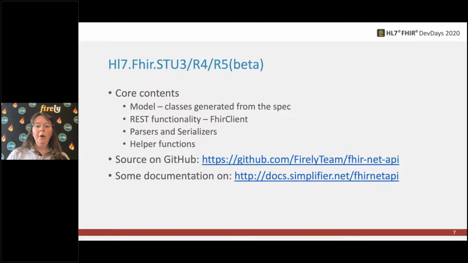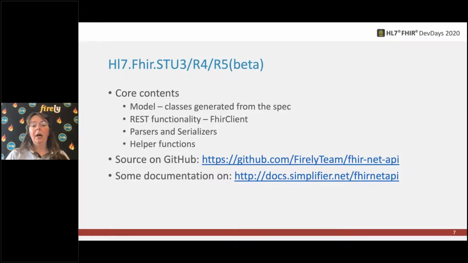The FHIR library offers you the model. So the complete specification has classes that are generated from that specification in the model of that FHIR library. Also, of course, we do have REST functionality in the FHIR client. There is parser and serializer functionality, and also some other helper functions.